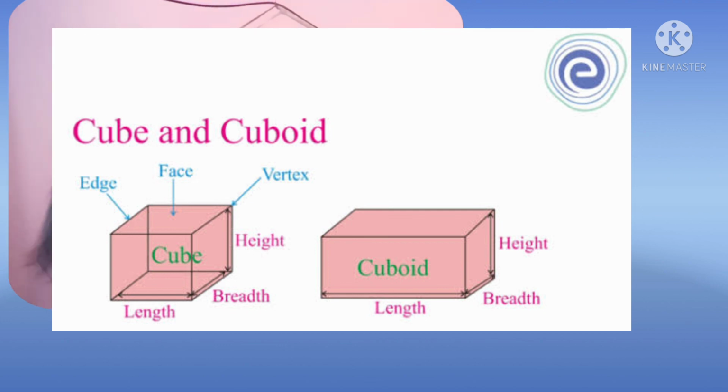Both of them have 6 faces, 12 edges or sides, and 8 corners. This property is the same for both. Only the difference is that cuboid is made up of rectangle surfaces and cube is made up of square surfaces.